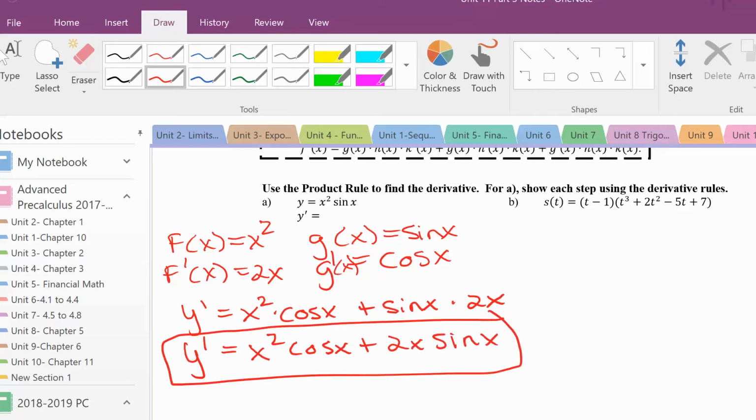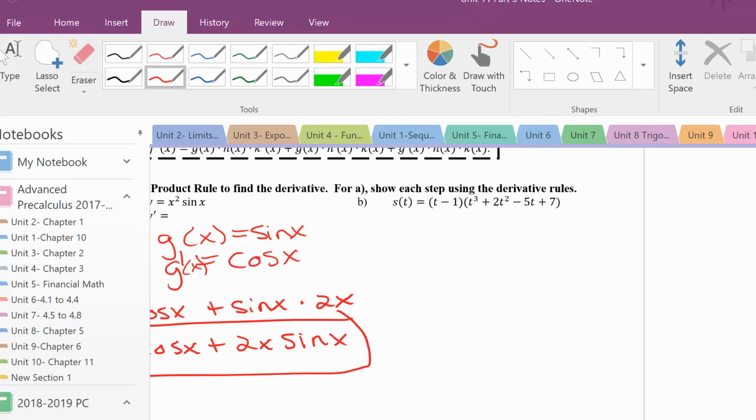All right, for this next one, notice you could multiply this out, but just to do the product rule, I'm going to do two separate functions.